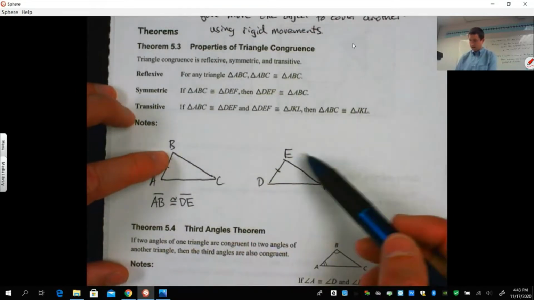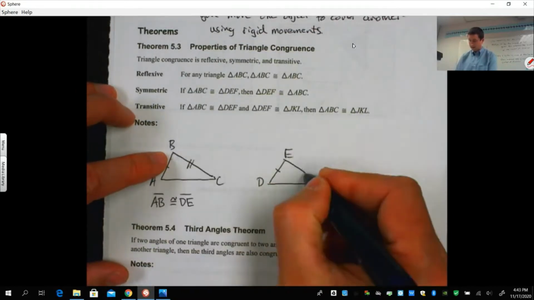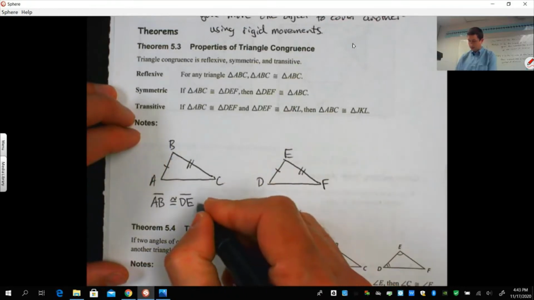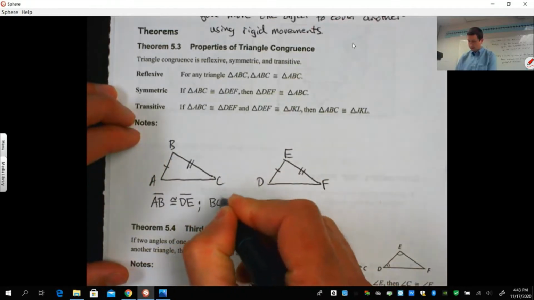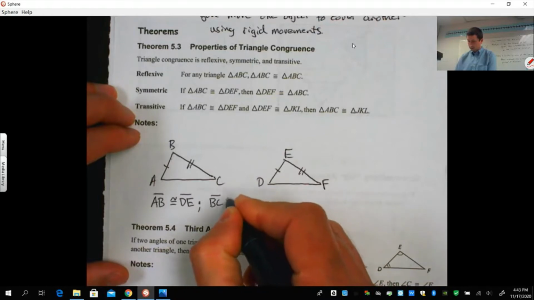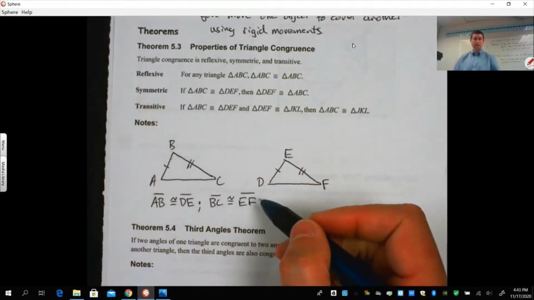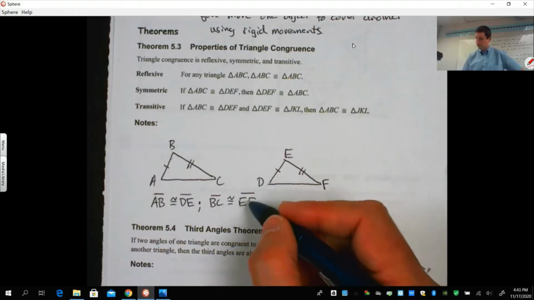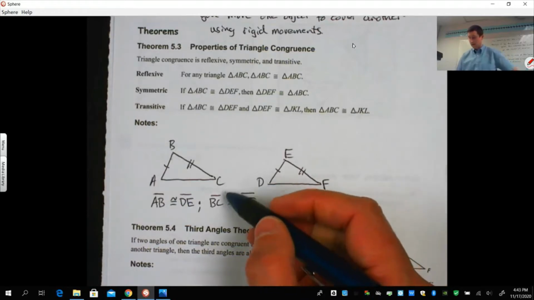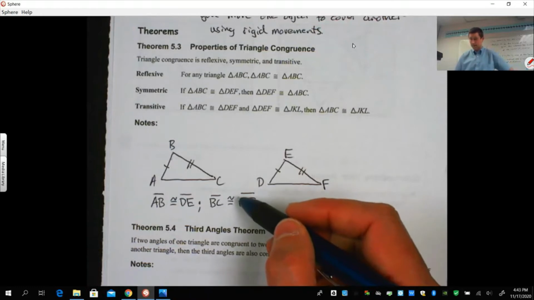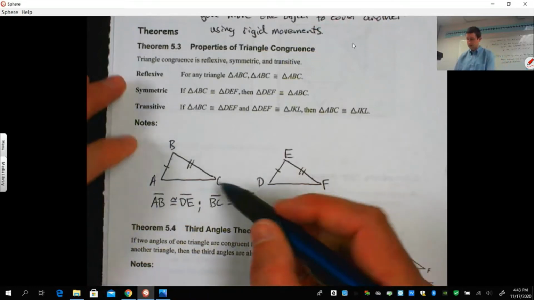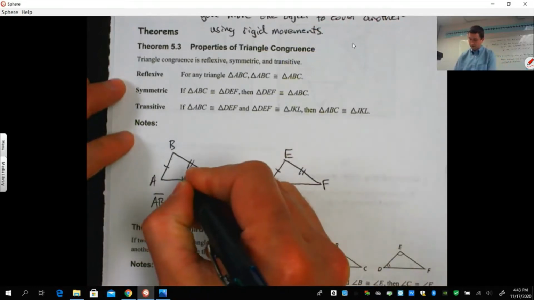BC corresponds to EF, so that has to be the same length. So I would say BC is congruent to EF. I'm putting the segment symbol on there because these are congruent. If I left it off, it'd be talking about the length, and they would be equals. So the lengths are equal, the segments themselves are congruent.